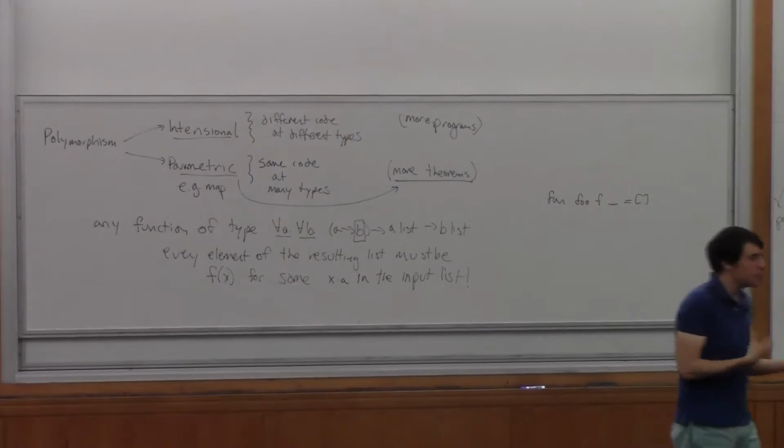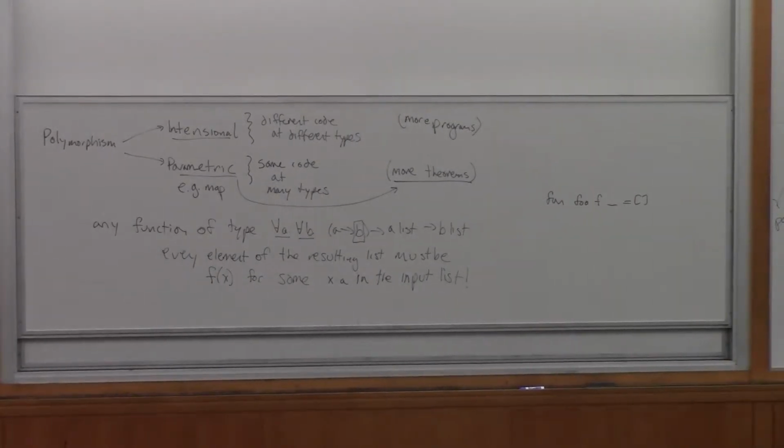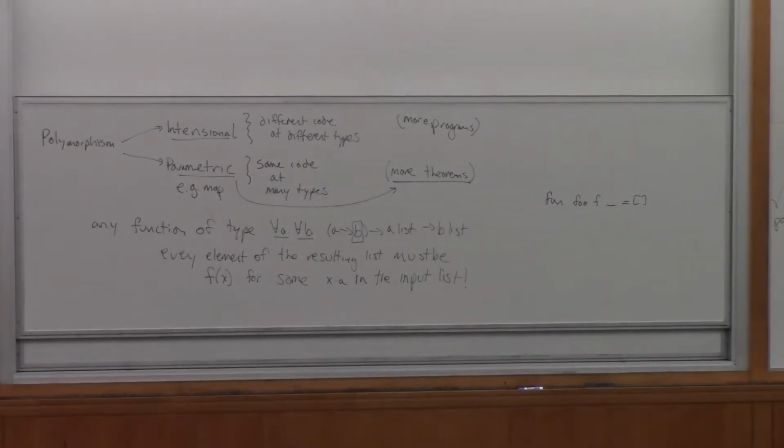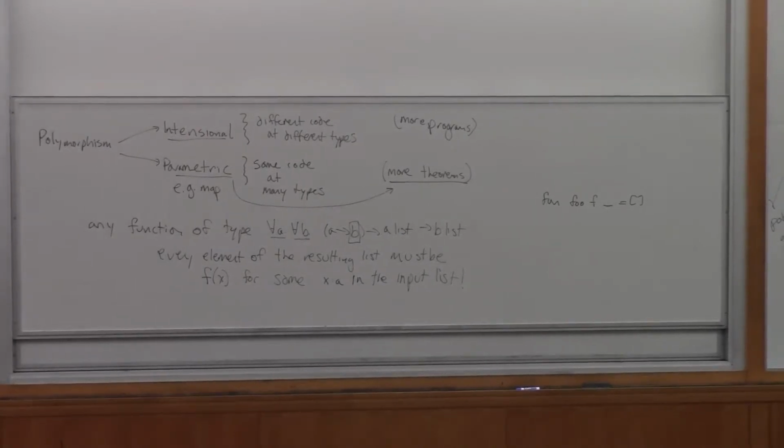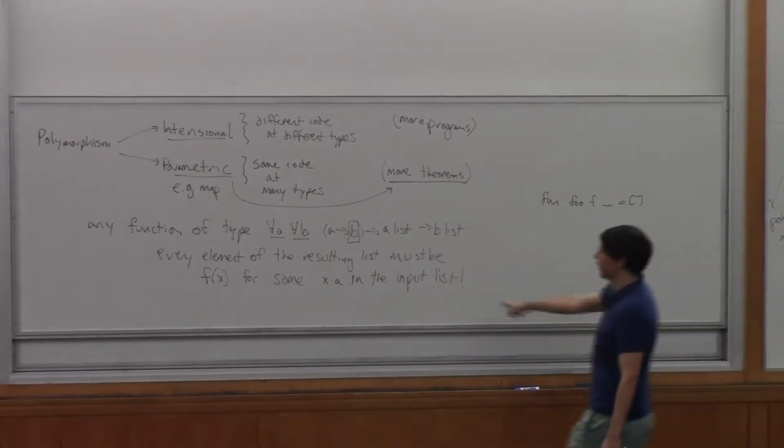Why? Well, if it's going to be the same code at all types, then it has to make B's from knowing only that you can make a B from an A. Where can it possibly get an A from?